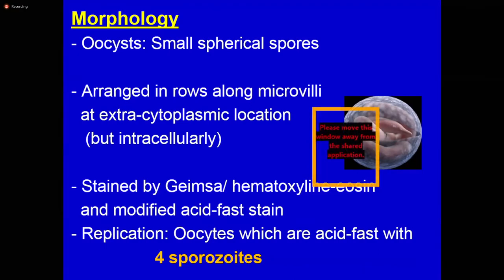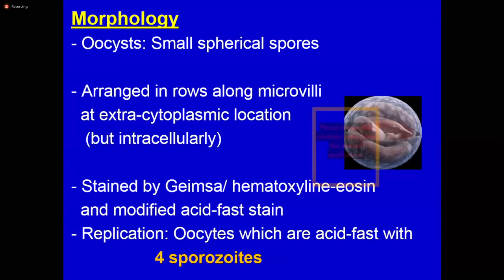Extracytoplasmic, but intracellularly. That is to say, beneath the membrane, stained by Giemsa and hematoxylin, or special stain called modified acid fast stain. Remember, modified acid fast stain is used to stain a cryptosporidium.